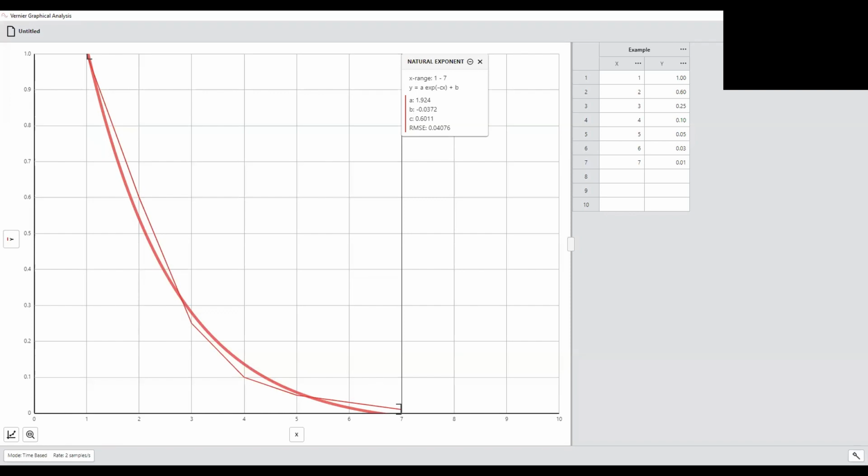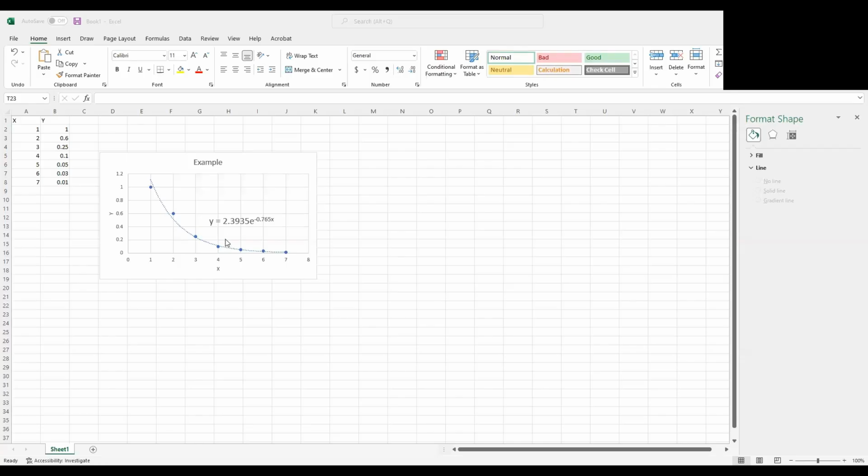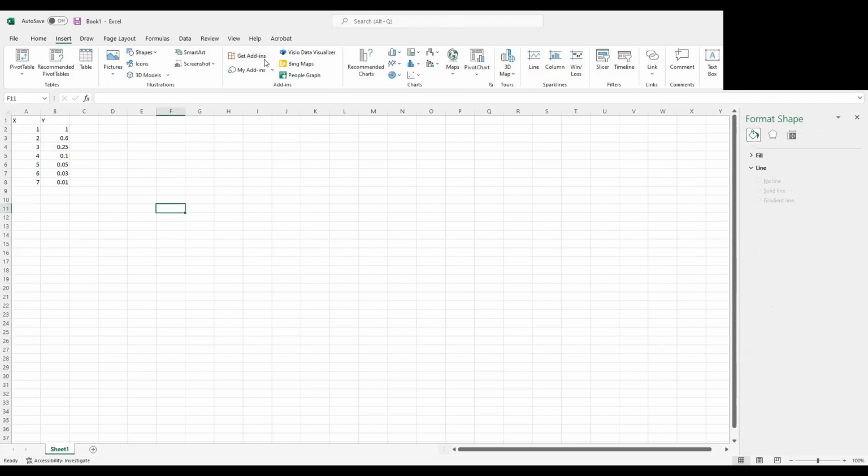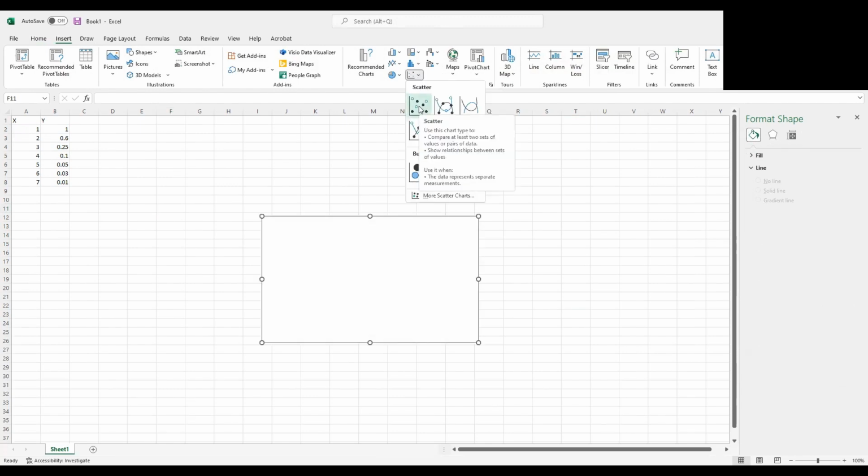Now, I did this same example with Excel. In Excel, I hope that you have good skills. I just type in my data set here. Then we go to insert. I will insert a graph. I will pick one of these scatter plot graphs.